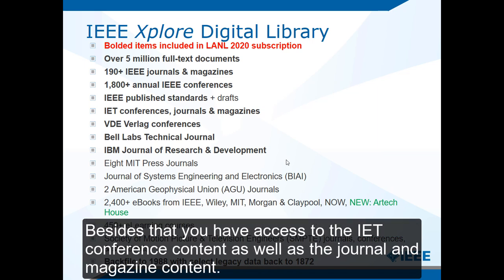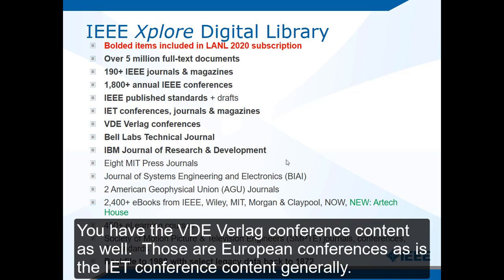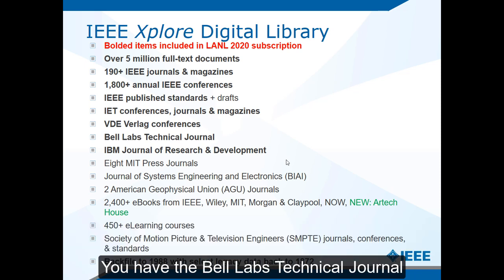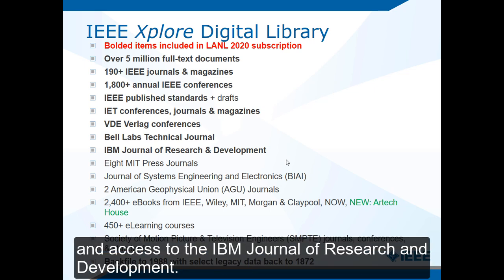Besides that, you have access to the IET conference content as well as the journal and magazine content. You have the VDE Verlag conference content as well. Those are European conferences, as is the IET conference content generally. You have the Bell Labs Technical Journal and access to the IBM Journal of Research and Development.